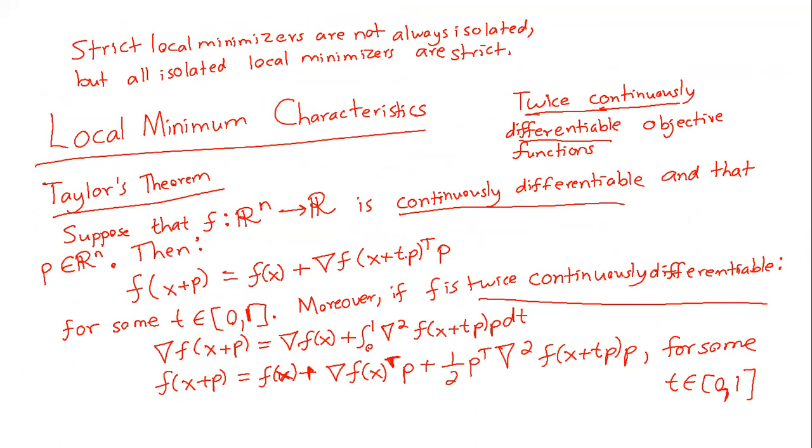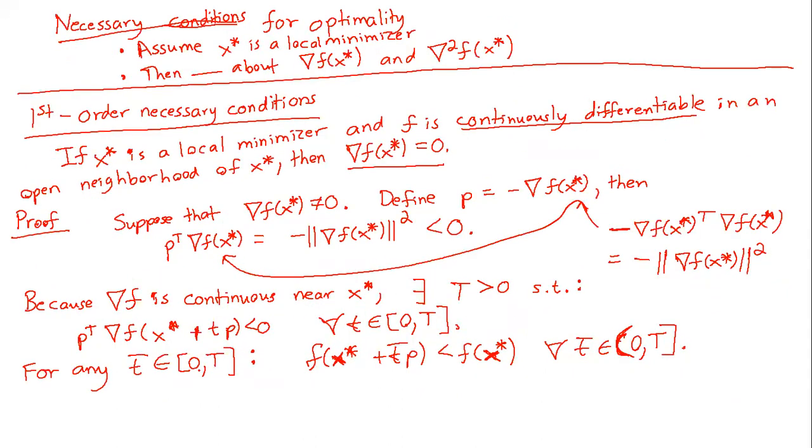So there exists some small t where this is negative for me. And then I can say that f at x plus p is less than f of x. Sorry, I didn't write the intermediate step that clarifies that.